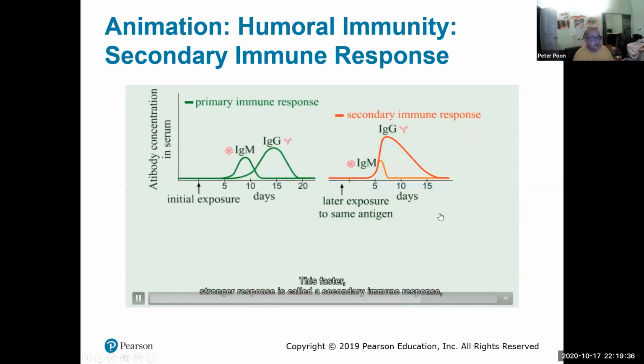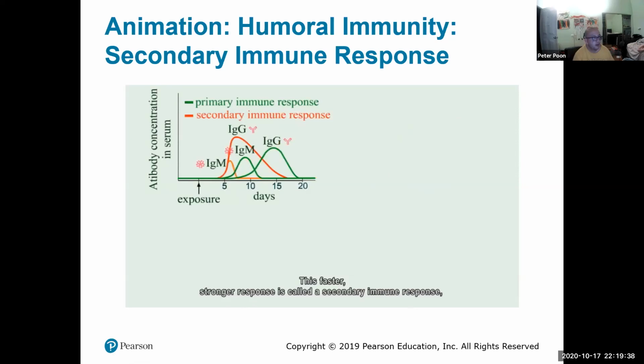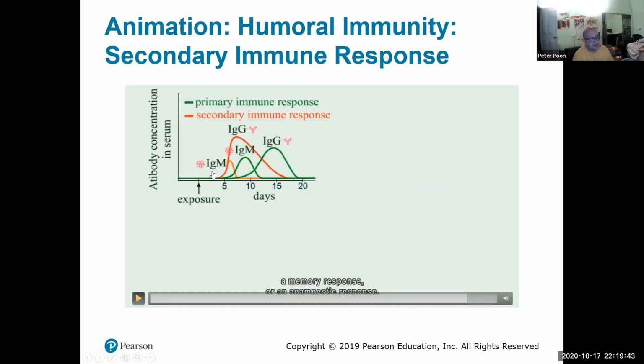This faster, stronger response is called a secondary immune response, a memory response, or an anamnestic response.